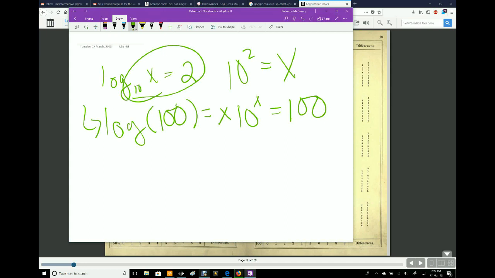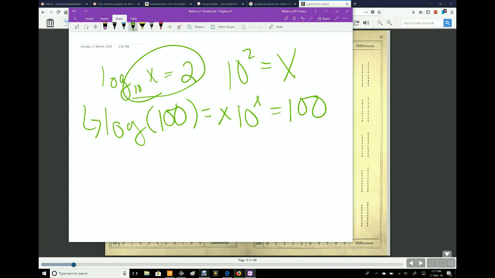I'm not exactly sure when technology caught up to the math to be able to just type in, push a button, and all of a sudden you're looking at log base 5. But we're going to learn how to use the logarithm tables to be able to change our base.